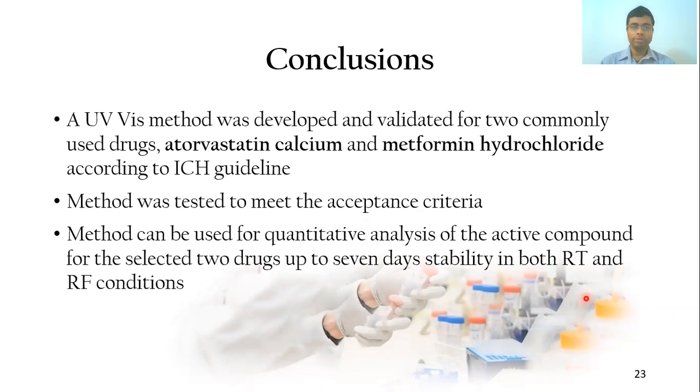And our method was tested and it was meeting all the acceptance criteria that the ICH has set for the method validation process. And this can be used for the quantitative analysis, and also our samples are stable at room temperature as well as in the refrigerator condition.